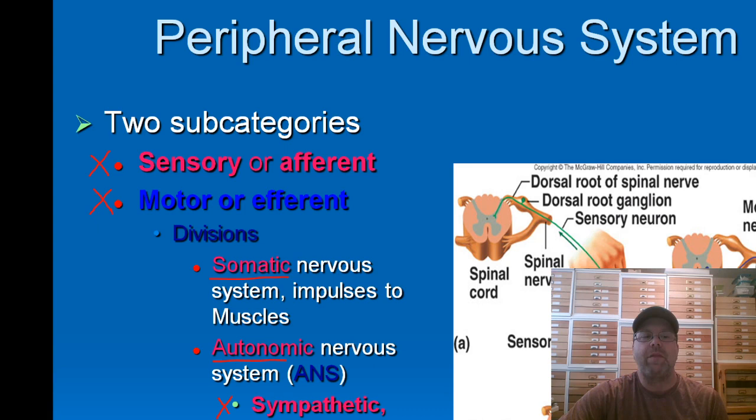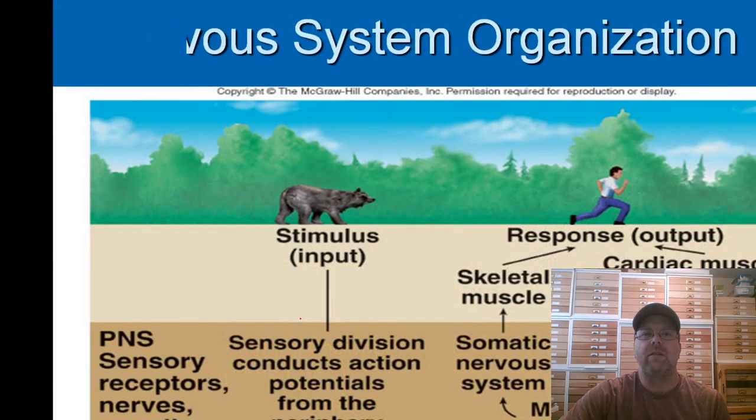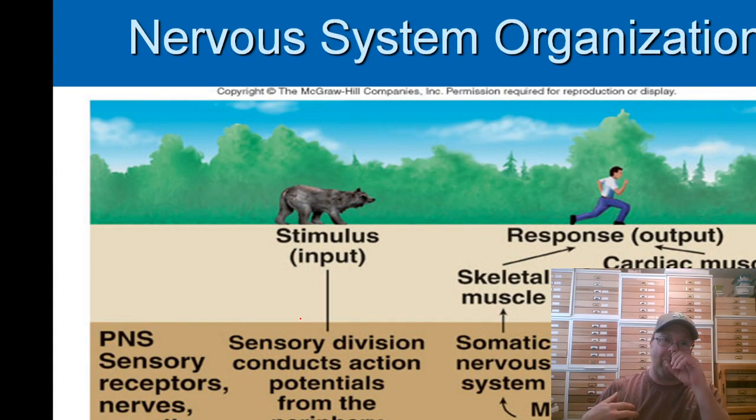So the sympathetic nervous system is going to speed up our heart. And so if the sympathetic nervous system speeds up our heart, the parasympathetic nervous system is going to slow it down. And so we have the opposites occurring with sympathetic and parasympathetic. So make sure you know these different subdivisions. And let's put an example here.